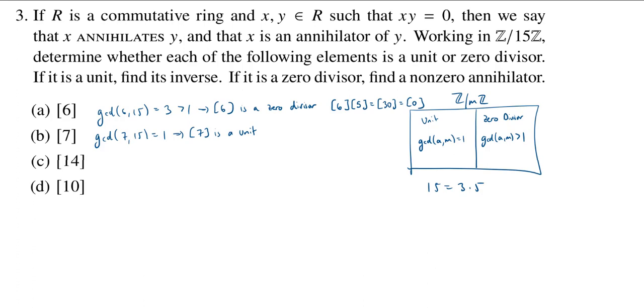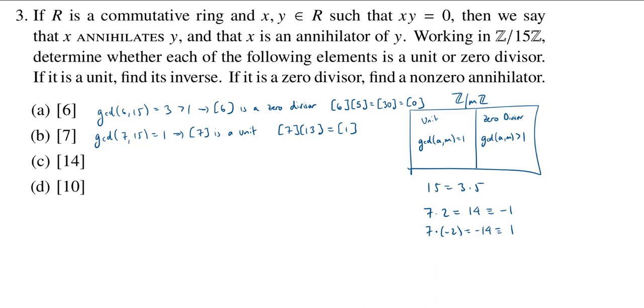That's so close. 7 times 2 is 14, which is congruent to negative 1. So what if instead of multiplying by 2, I multiplied by negative 2? That gives me negative 14, which is congruent to 1. If I want a least positive residue, negative 2 is congruent to 13. So the class of 7 times the class of 13 is equal to the class of 1. We found the inverse.